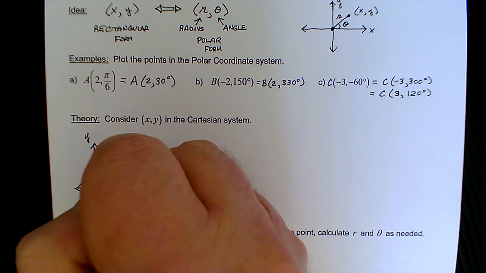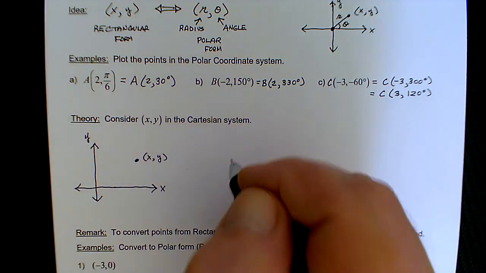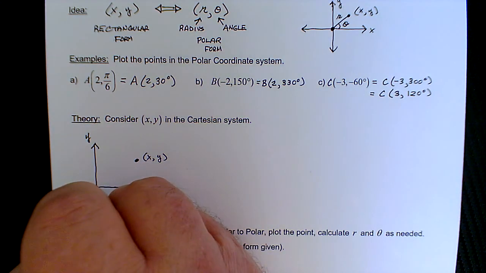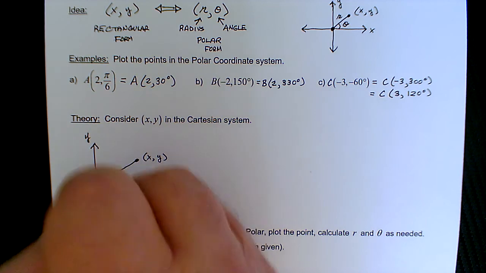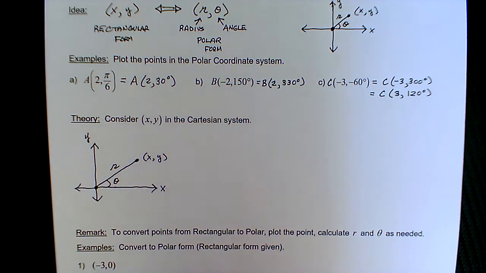So some arbitrary point here, call it x and y. Again, what we want to do is be able to realize that same point by saying move a distance of r units in a particular direction.